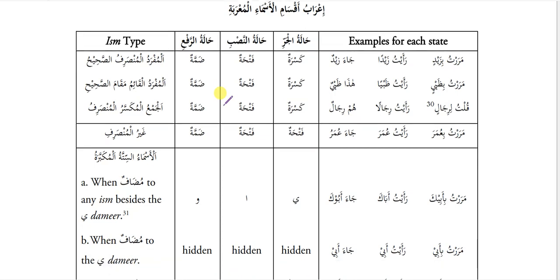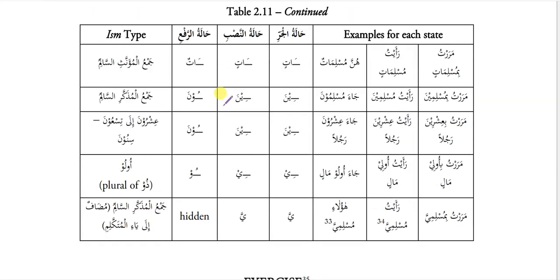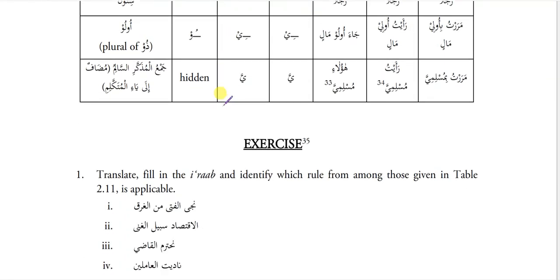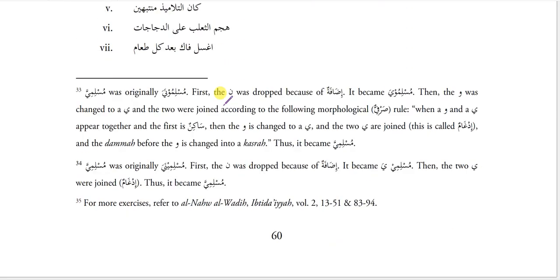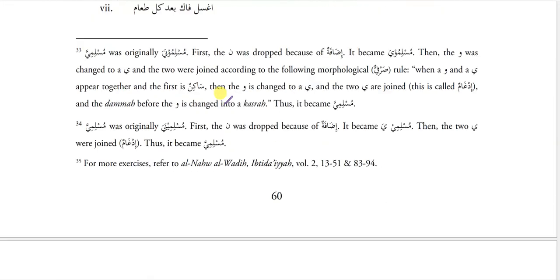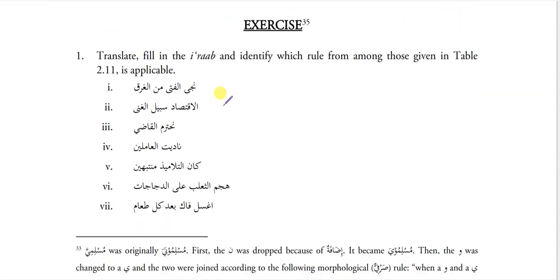Now, I'm going to skip this table because I'm going to explain this in my own way inshallah. Everything will be mentioned in that explanation, so don't worry about it. Right now, I'm just skipping this. Okay. Let me explain all these things inshallah first.